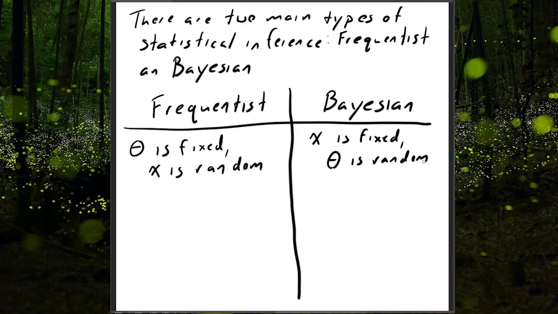So I'm writing theta is fixed, x is random for frequentist inference, and for Bayesian, x is fixed, theta is random. What do I mean by this?